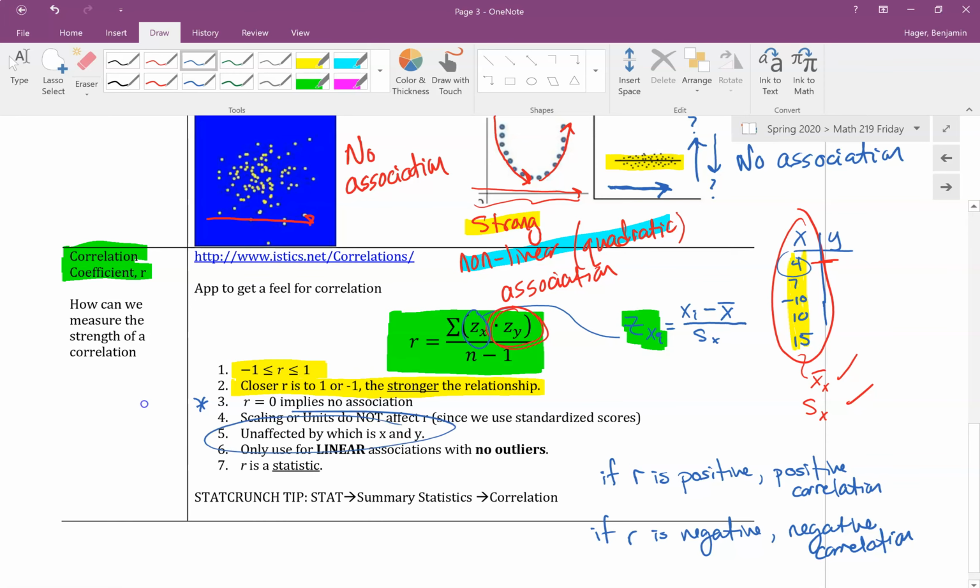It doesn't matter which variable is assigned to the horizontal axis or the vertical axis. This is only good if we're using it on linear associations with no outliers. We wouldn't use this on a quadratic association or something that looks exponential. And we wouldn't want to trust this number if we had outliers, because the outliers would radically change these values.